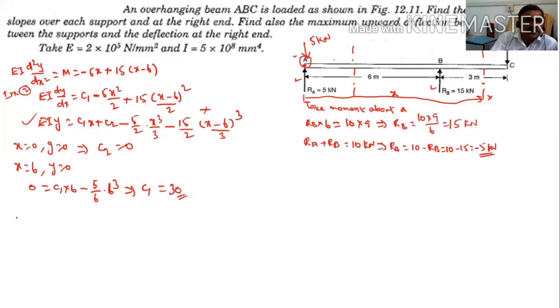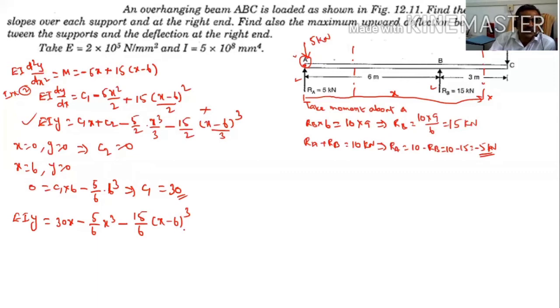So now the generalized equation is EI into y is equal to 30x minus 5 by 6 x cube minus 50 by 6 x minus 6 the whole cube.